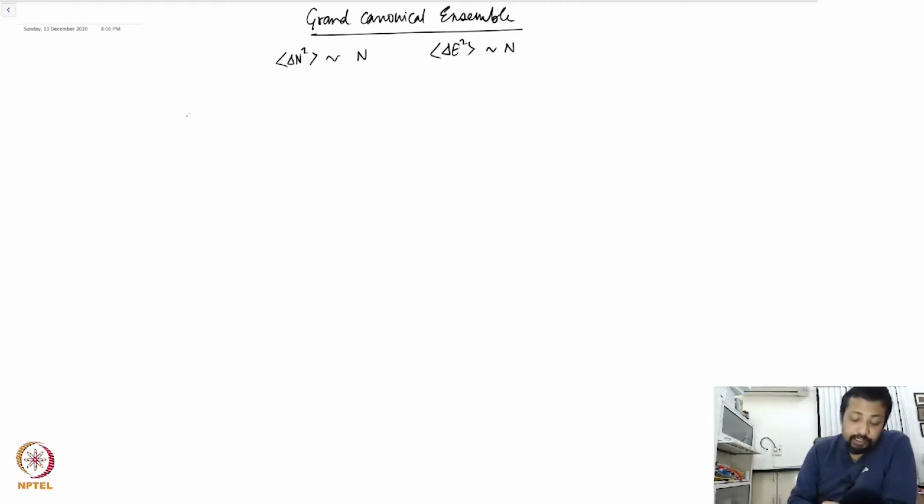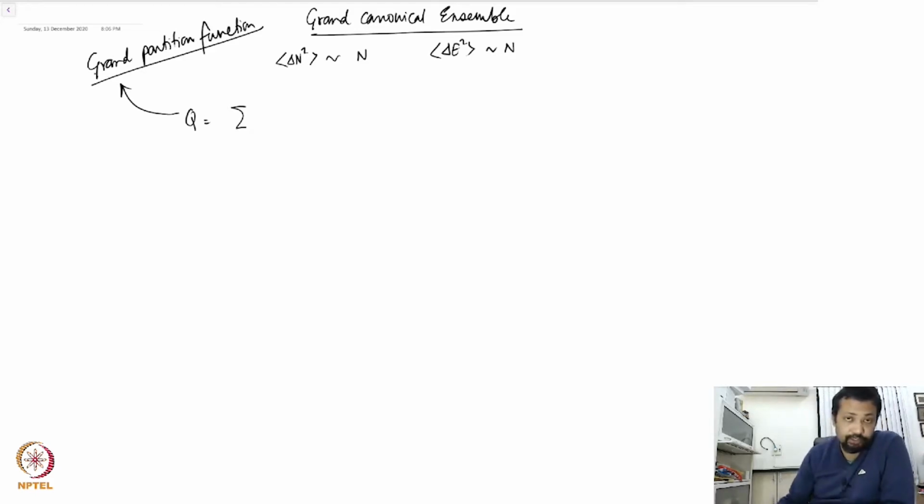For that, we once again go back and start with our grand partition function. This q is called a grand partition function. Unfortunately, we had used capital Q for a single particle function in the canonical ensemble, but we will modify that syntax later on, right?